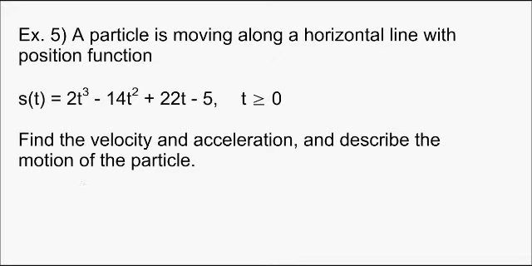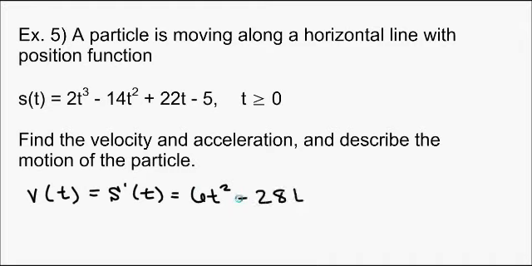Okay, well this first part is easy, finding velocity. I know that velocity is the derivative of position, so s prime. So I'm going to have 6t squared minus 28t plus 22.